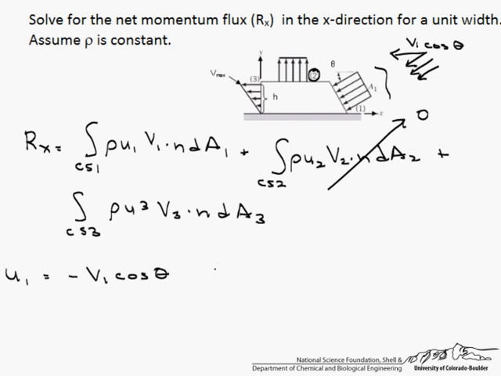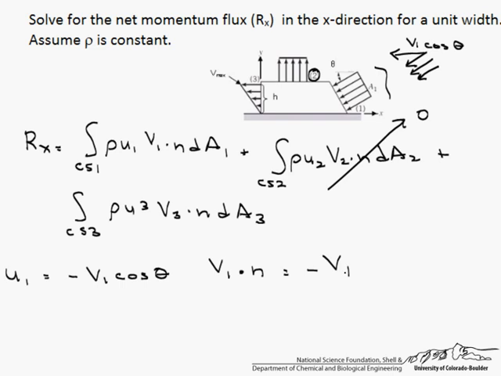Next, we have to find v1 dot n, and since it is entering the control volume, the normal is in the opposite direction of the velocity. So this is minus v1.